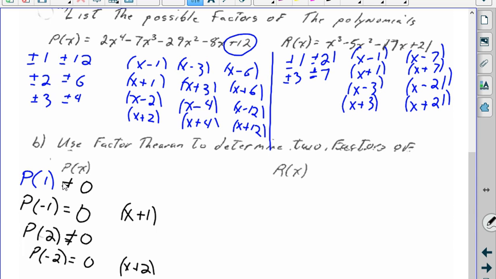Please find which of these 8 possible zeros is a 0 of that polynomial, and what is the corresponding factor that goes with it.